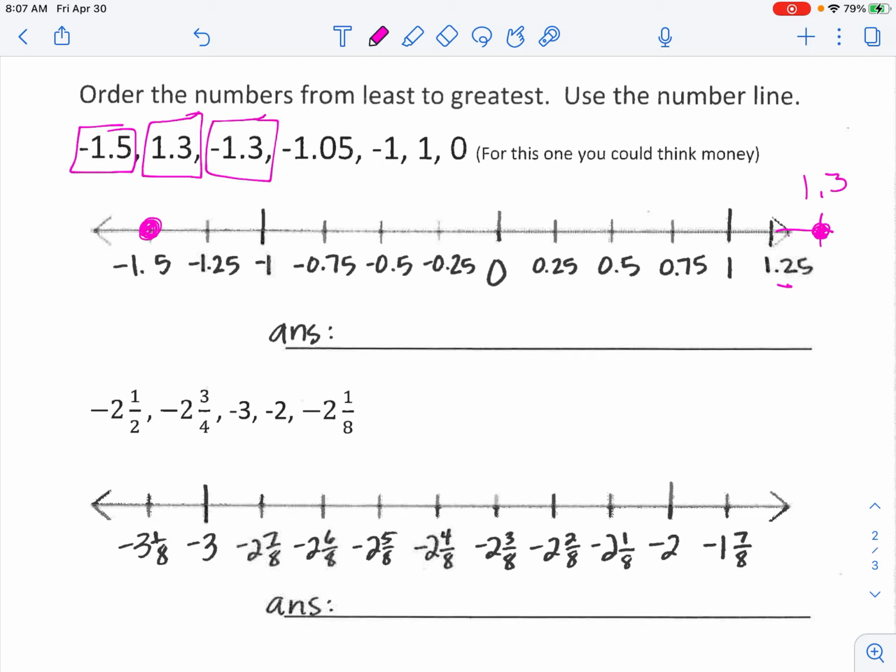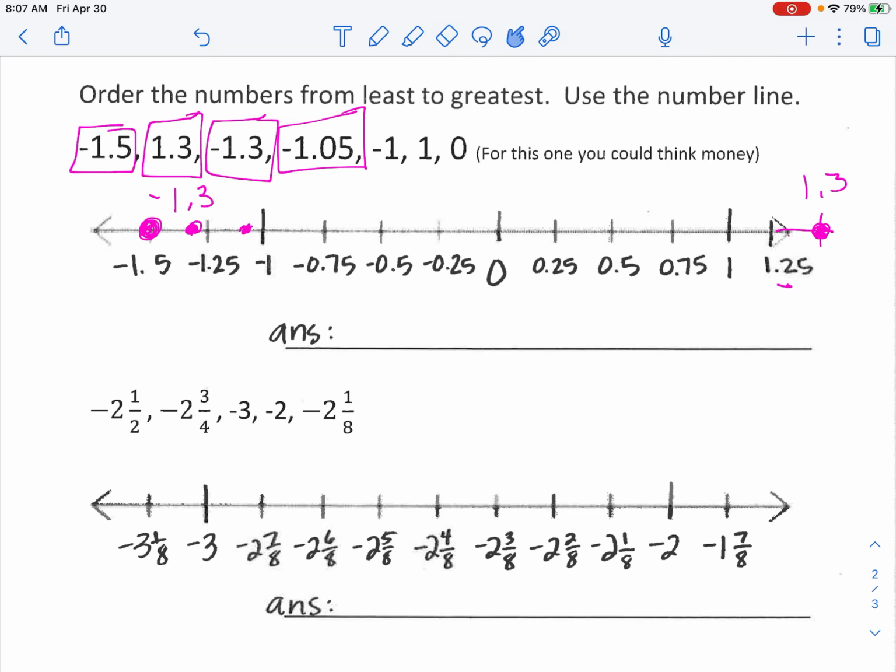Negative 1 3/10. I see negative 1 2/10, so negative 1 3/10 goes here. Remember, if the number is not on the number line, you need to add the number above your point. Negative 1.05 is really close to negative 1. It's going to be just a smidgen to the left, so that's going to be here.